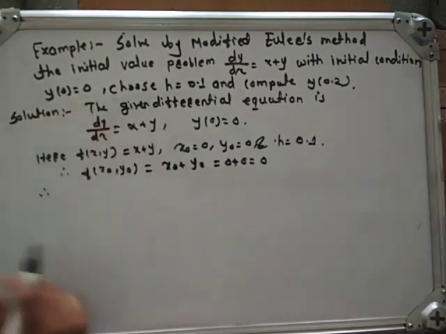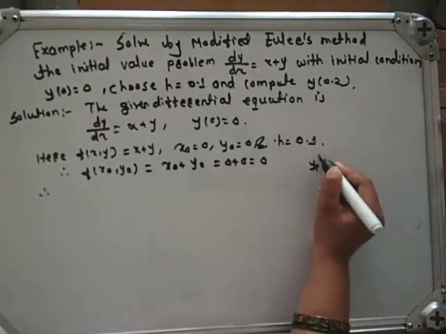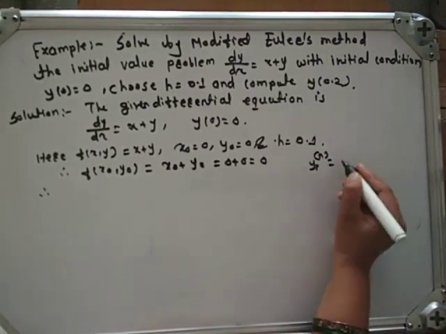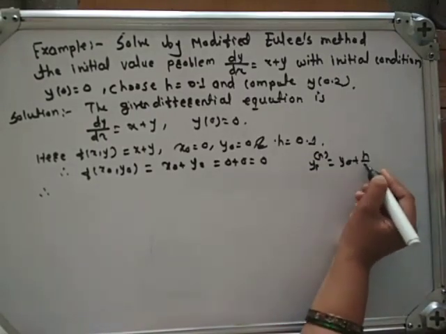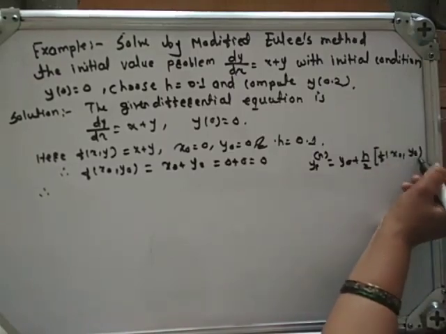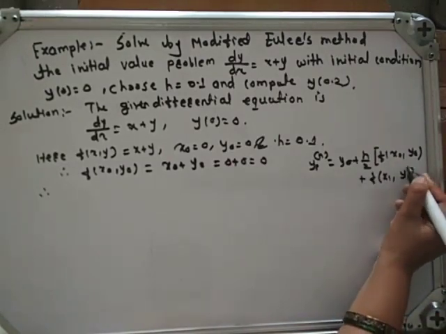Therefore, as previously seen, what is the modified Euler's formula? It is y0 plus h by 2 into f of x0 comma y0 plus f of x1 comma y1 (n).